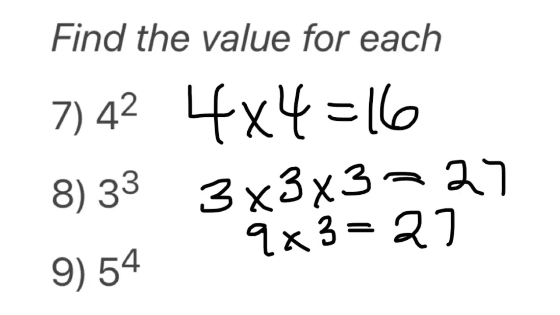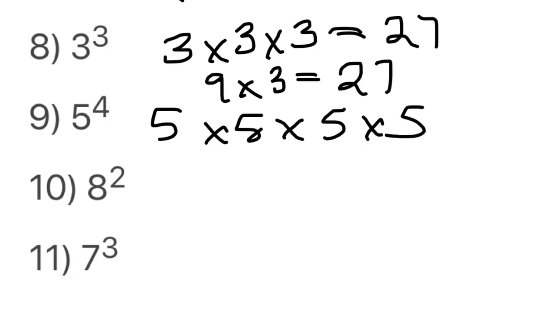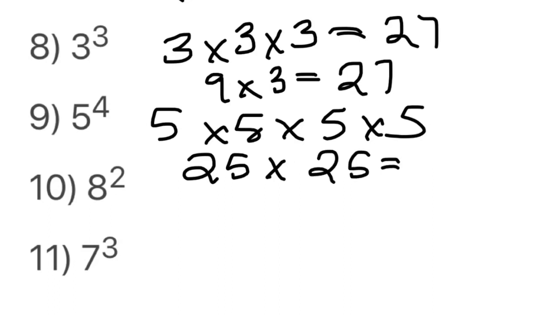Pause the video and try number 9 on your desk. Number 9 is 5 times 5 times 5 times 5. So we have 5 times 5 is 25, and then another 5 times 5 is 25. So we have 25 times 25, which is 625.